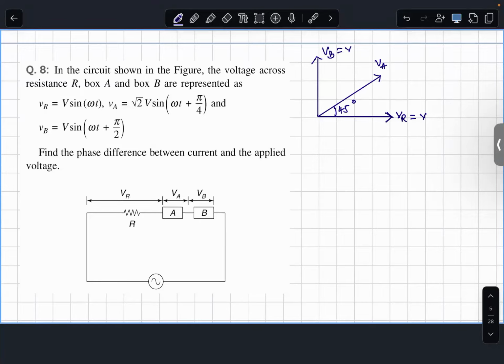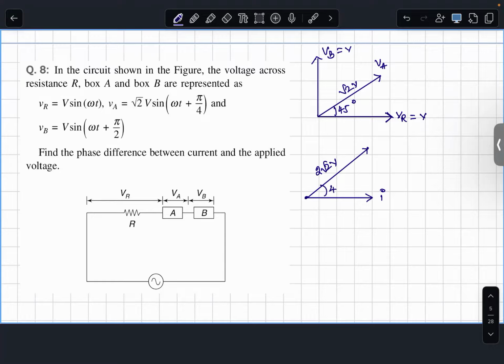It is already root 2 V. Another root 2 V comes. So the resultant phasor is 2 root 2 V. And this is how you will have the current.